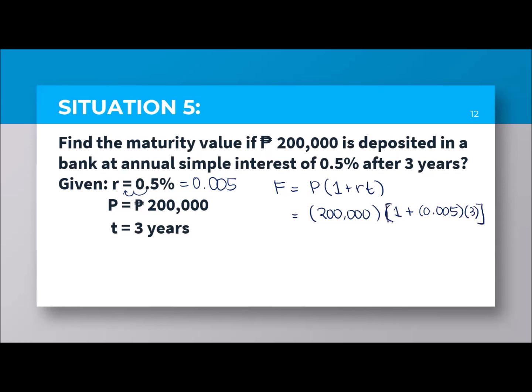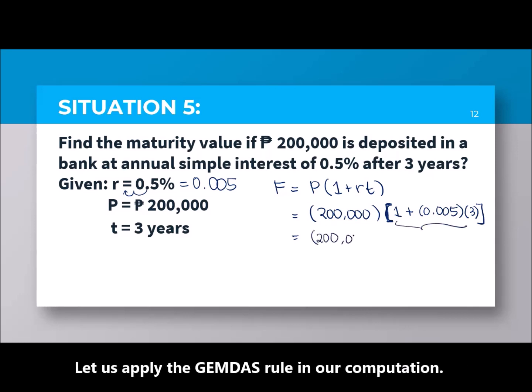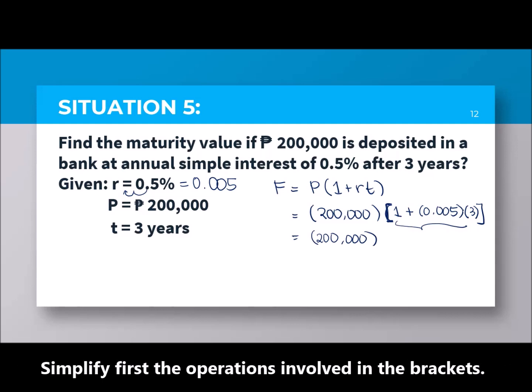So, we should use a bracket. Okay? So, with that, gamitin natin ang PEMDAS. Tama po ba yun? So, ibig sabihin, uunahin muna natin ito. So, 200,000. I-multiply muna natin si 0.005 times 3.